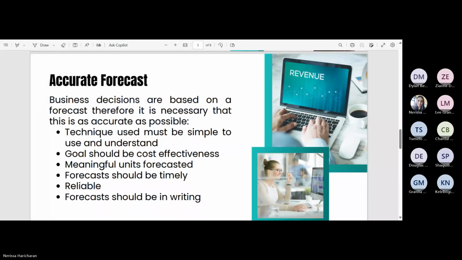It should also be cost-effective, where the benefit should always outweigh what the cost is going to be. So it shouldn't be something that is expensive, because forecasts do cost money, especially if you are outsourcing it and you're using a specific innovative tool to draft your forecast, then you are paying a monthly requirement.